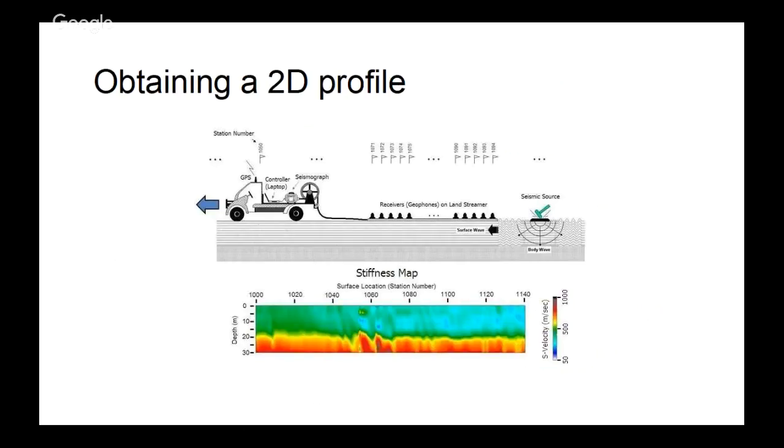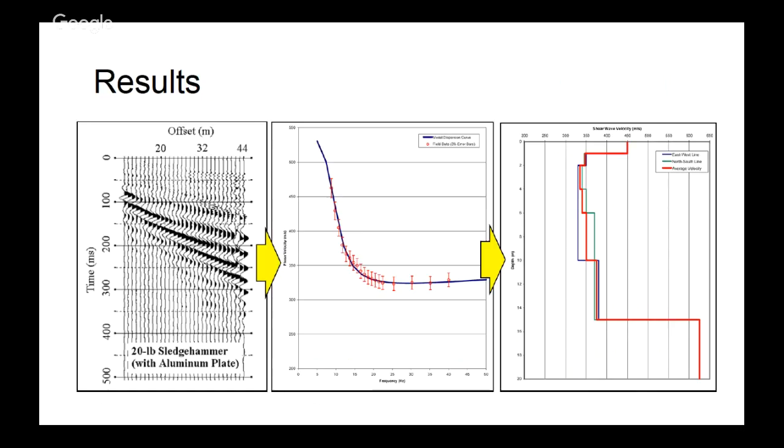I think we just covered most of the stuff that picture would show us. So again, this is showing your common shot gather, and they've taken out everything except for those surface waves that they're working with. And then we're using the dispersion analysis to get our phase velocity as a function of frequency and get this dispersion curve.